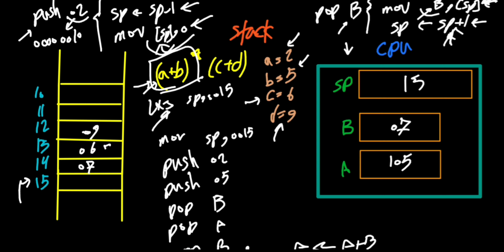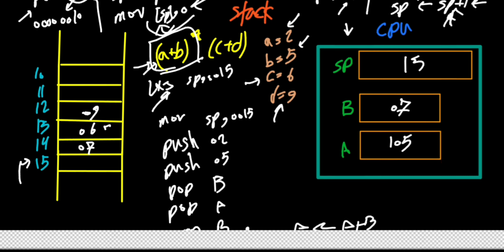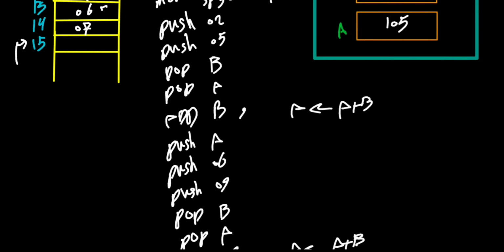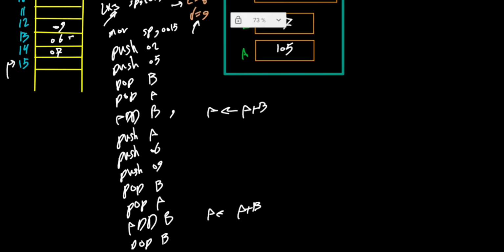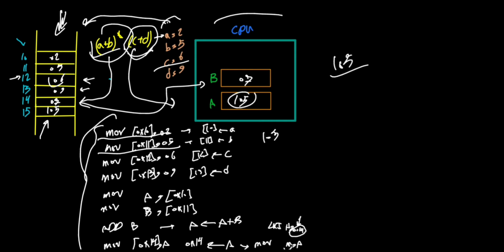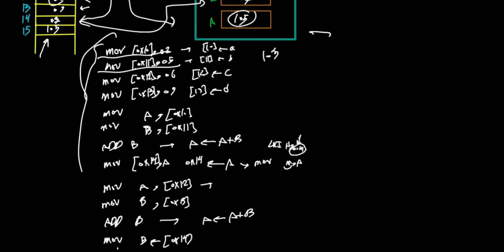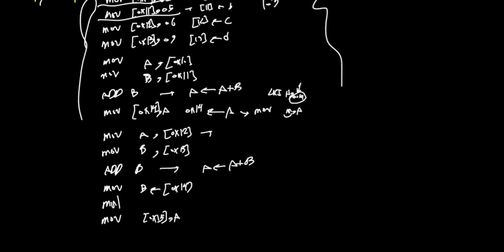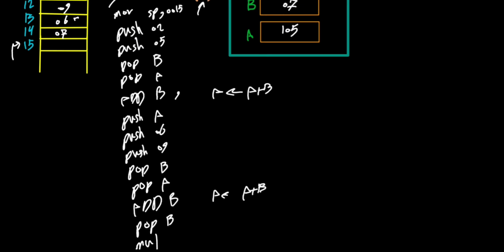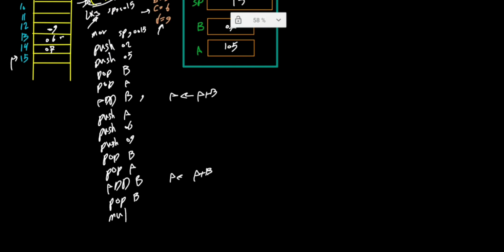Now, let's analyze what has been done here. You could also save the value of A now in the location of 15 by just saying another push. But let's see what was the difference between this program and the previous one. The previous one had a lot of moving and taking care of different addresses by the programmer, but here the programmer hasn't done any addresses. The only thing that the programmer would do is to load the SP with a location, nothing else, just push and pop.